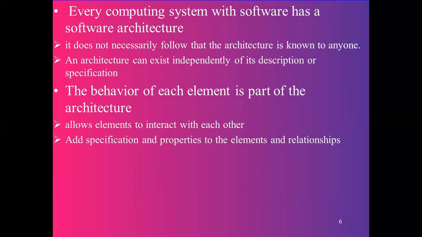We can add specifications and properties to the elements and relationships based on the requirements, the modules or elements, and the relationships, adding extra requirements as per the customer's view. These are the implications of the definitions of software architecture.